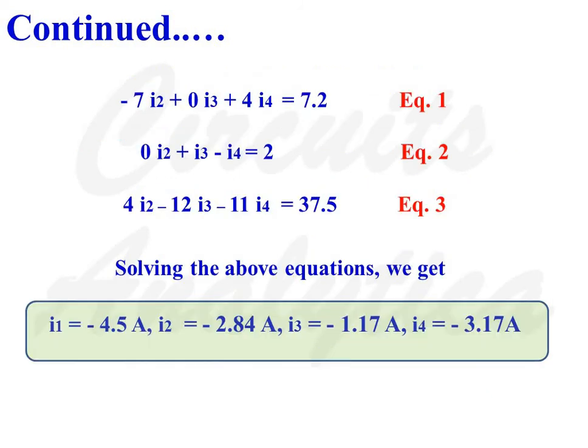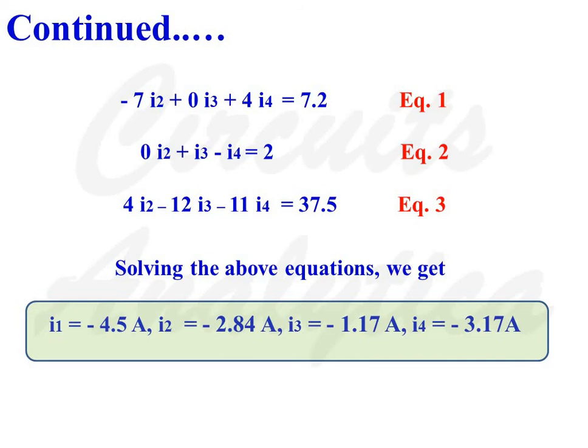Now we have 3 equations. Minus 7I2 plus 0I3 plus 4I4 is equal to 7.2, equation number 1. 0I2 plus I3 minus I4 is equal to 2, equation number 2. 4I2 minus 12I3 minus 11I4 is equal to 37.5, equation number 3.